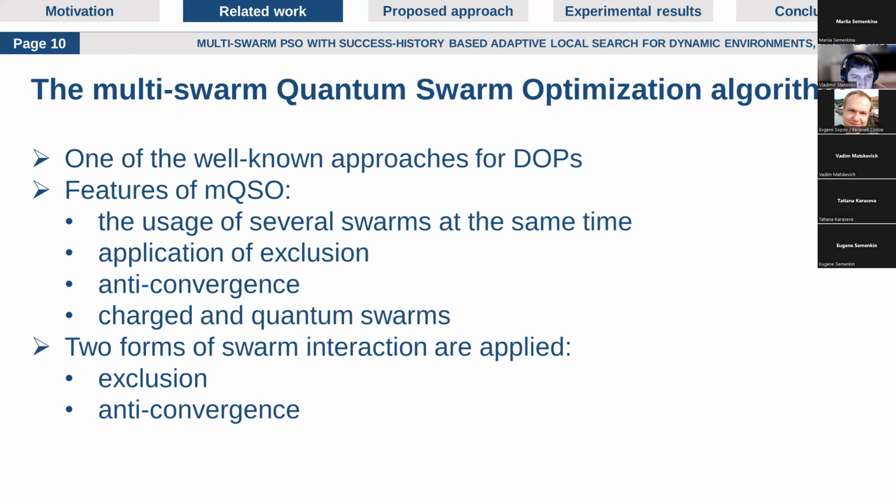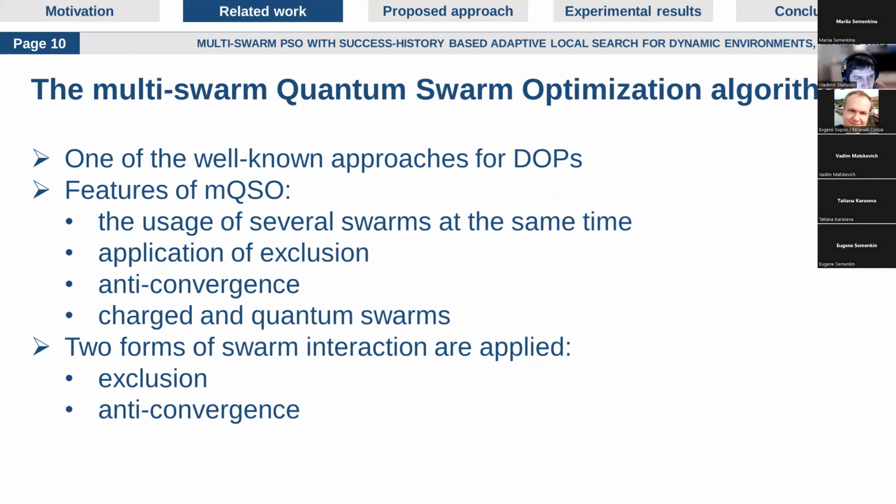But particle swarm optimization is not very careful, but it converges quite fast. So these kinds of methods are very popular for dynamic optimization problems because of their fast convergence. Maybe they don't get the global optimum, but at least they get a good result. And one of the popular methods is the so-called MQSO, the multi-swarm quantum swarm optimization method.